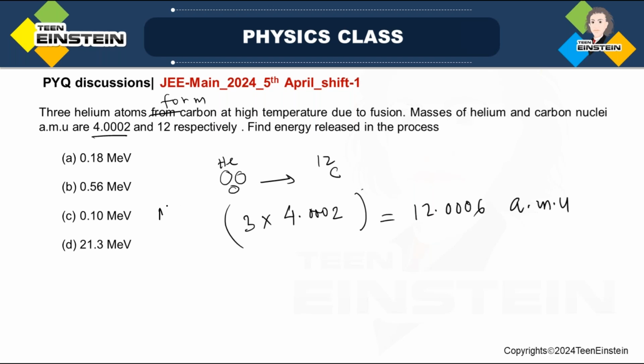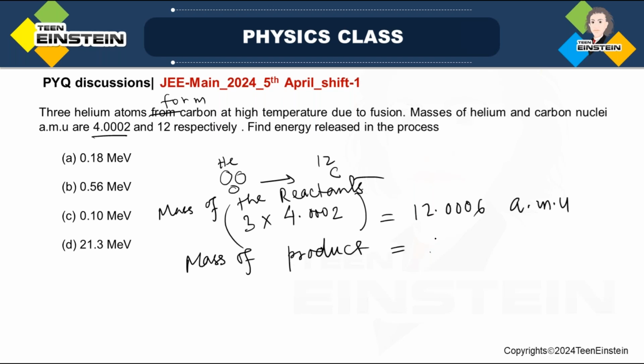This is the mass of the reactants. Now the mass of the product is just 12 mu.